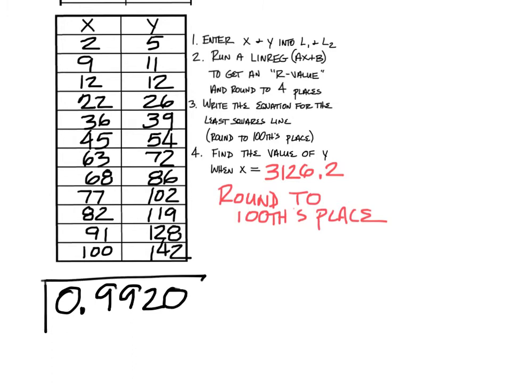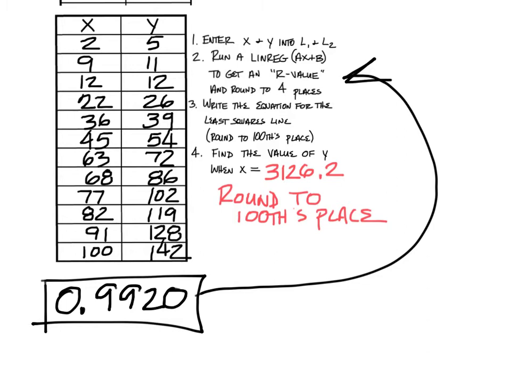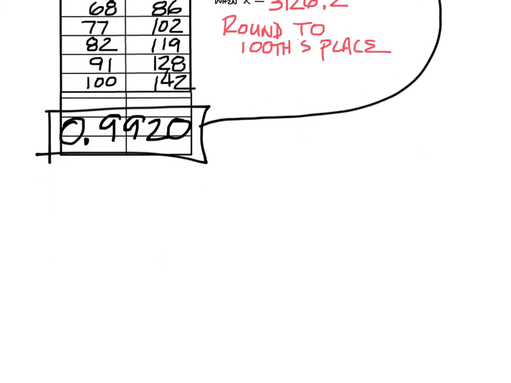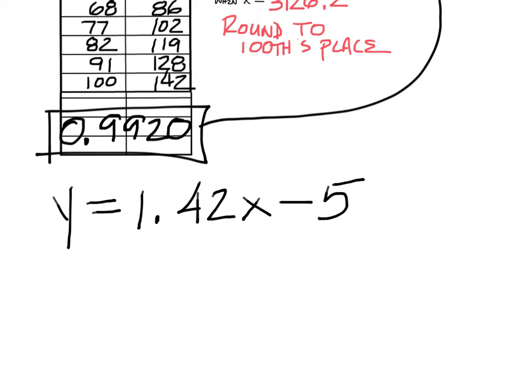You must have that. There's no other option because you were told to round to 4 places. So that goes for this one. And now for the equation, you have to round it to the hundredths place. So for the equation, it should be y equals 1.42x minus, because you have a negative b, minus 5.42.